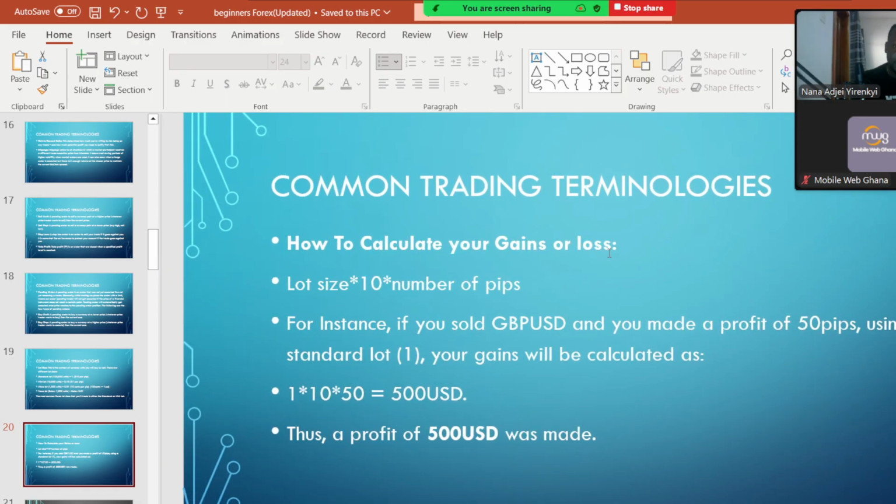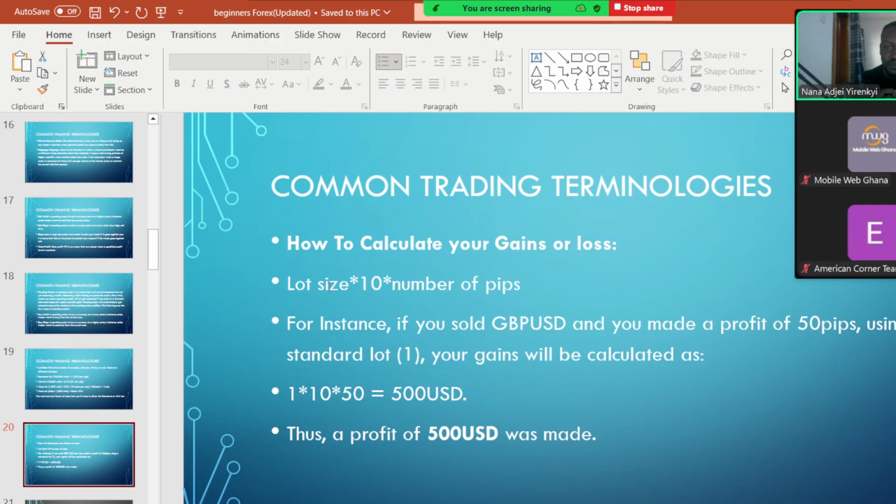Our gains or losses will be calculated by the lot size that you are going to use, and the lot size will be dependent on your account size. As we are looking at making money, we also need to make sure that we are applying proper risk management, which we are going to talk about very soon. But before that, let's learn how to calculate your wins and your losses on the market.